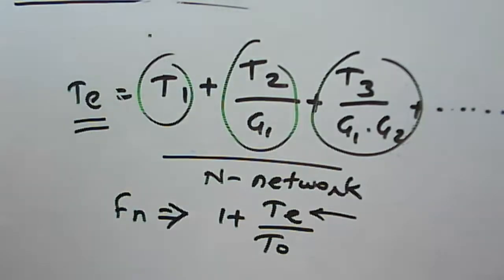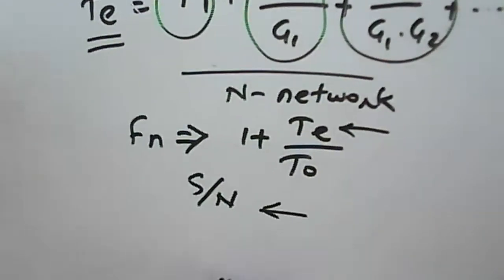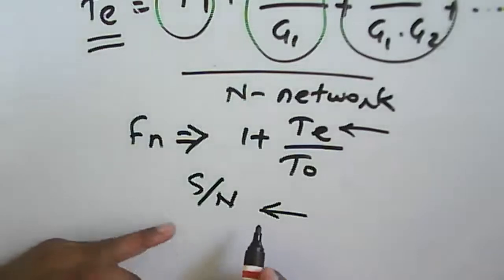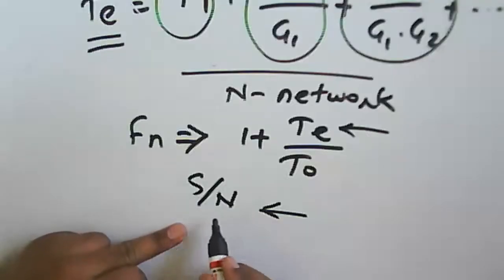We can consider a receiver highly sensitive if the noise is reduced. Highly sensitive means what? A signal to noise ratio. Again we come to the topic: if the noise increases, signal to noise ratio decreases.